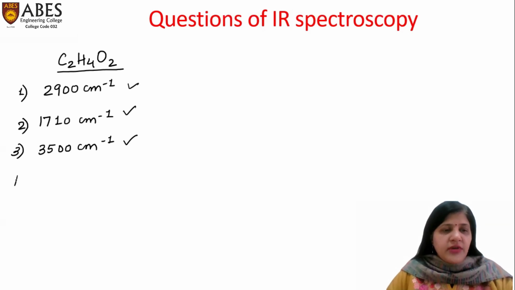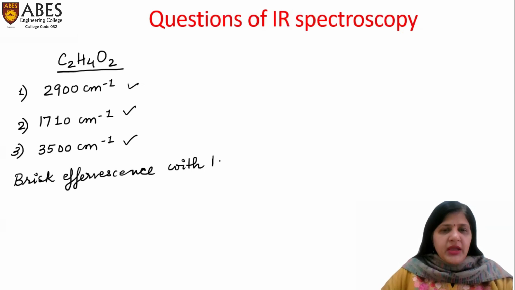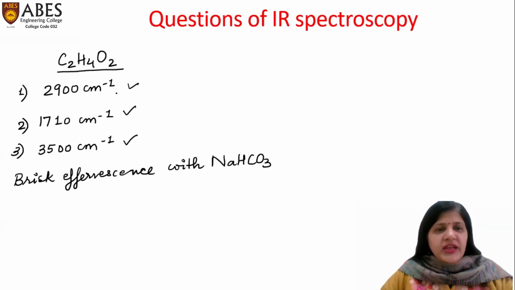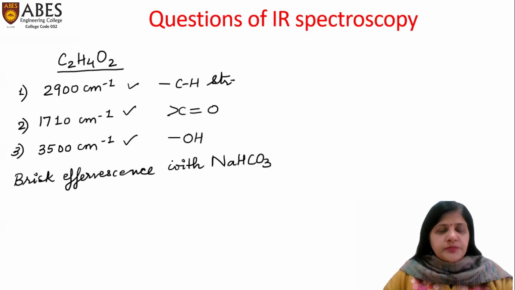The compound gives a brisk effervescence test with sodium bicarbonate. First of all, we will identify the bands. 2900 cm⁻¹ corresponds to the CH stretching vibration. 1710 corresponds to the presence of a carbonyl group in the sample. 3500 cm⁻¹ corresponds to the presence of an OH group in the sample.